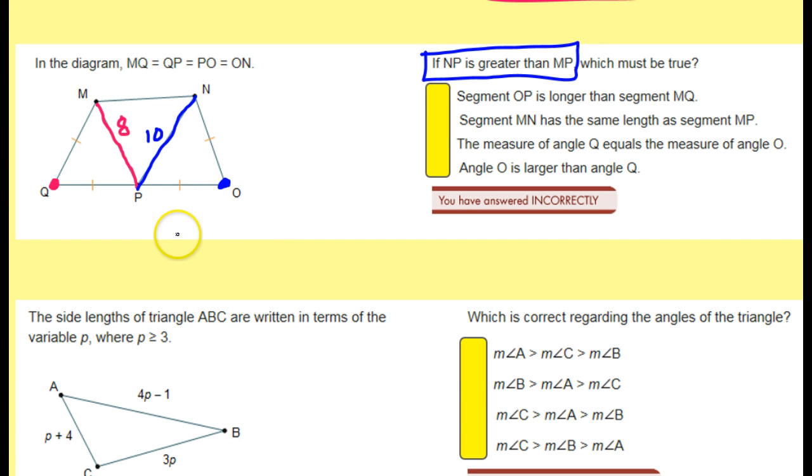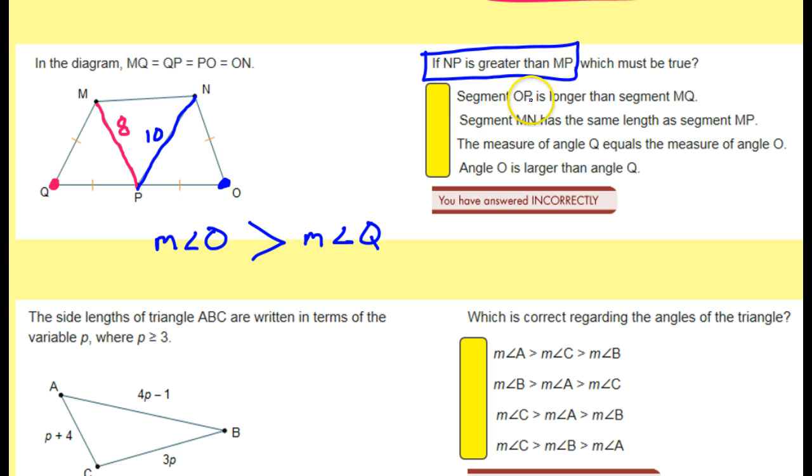So I know that the measure of angle O is greater than the measure of angle Q. And again, that would be the converse of the hinge theorem if it comes up, because they gave us the sides and then we are figuring out something about the angles.